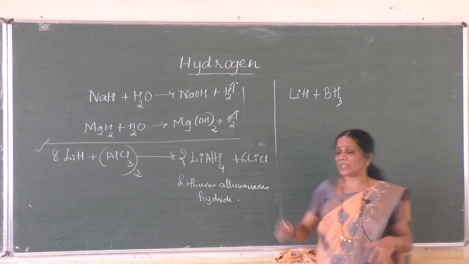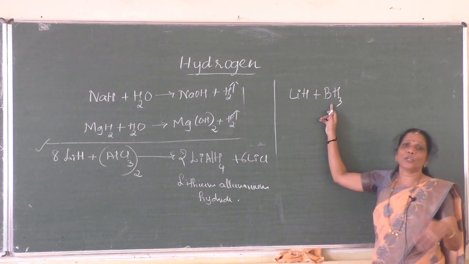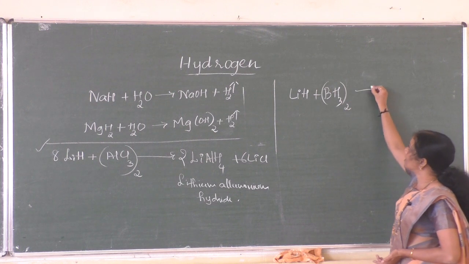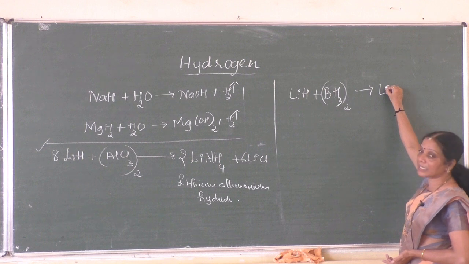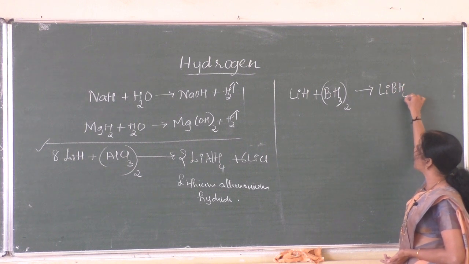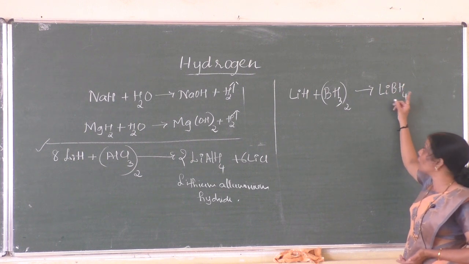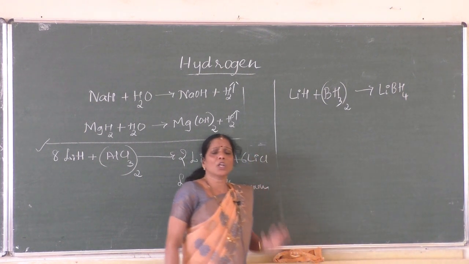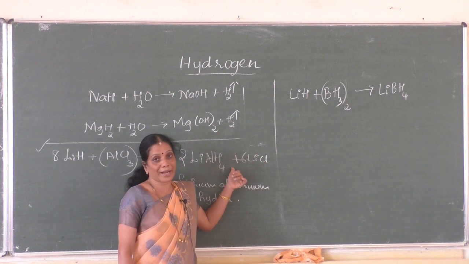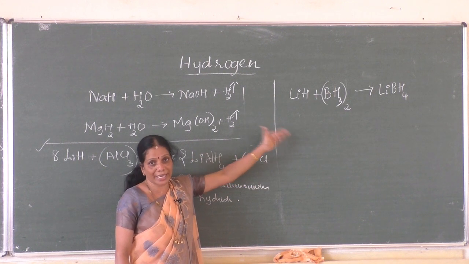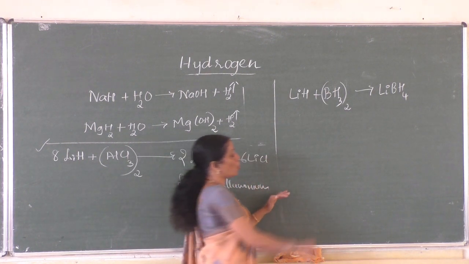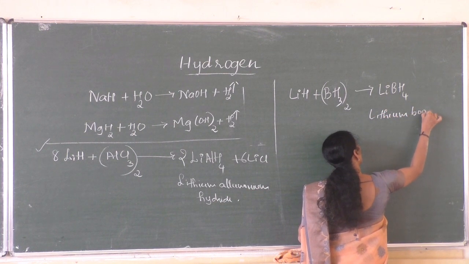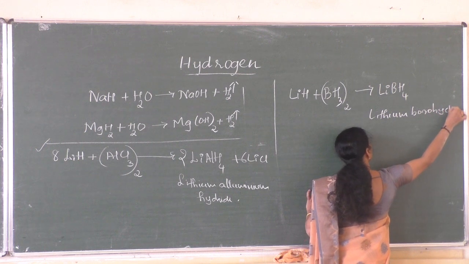The monomeric form is highly unstable, BH3 usually exists in a dimer form, which means I have to write BH3 twice. This results in the formation of another product, lithium borohydride, LiBH4. Lithium borohydride is also a reducing agent, not as strong as lithium aluminium hydride. This is also a powerful reducing agent only. Understood? The product name is lithium borohydride.